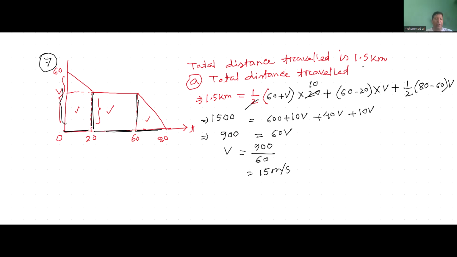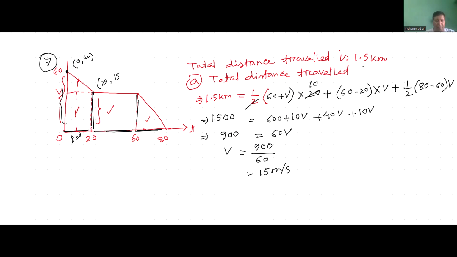The second one, the rate of deceleration after 10 seconds. After 10 seconds, that means here the deceleration is, what is the deceleration here? So we may consider here is one coordinate, this is 0, 60, and we have to consider another coordinate here. This is 20 and v. v is here 15. So if you want to find the deceleration, we have to find the gradient.